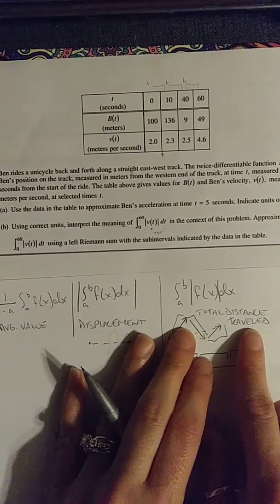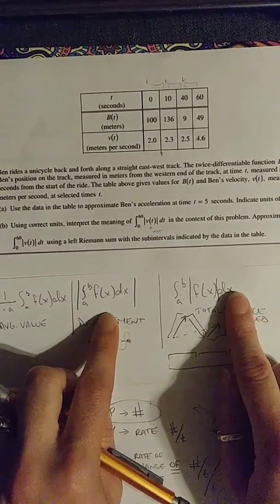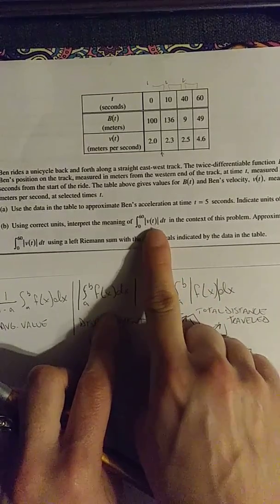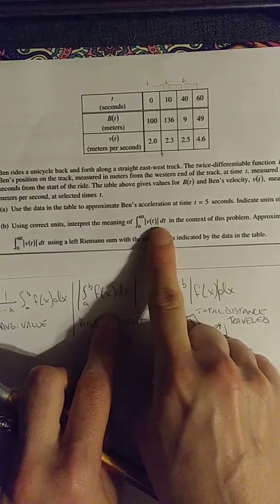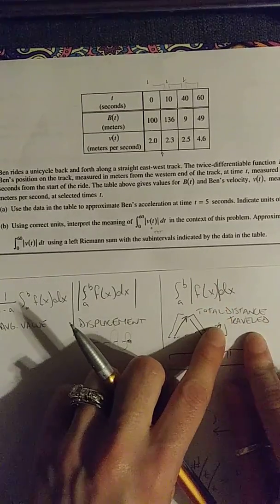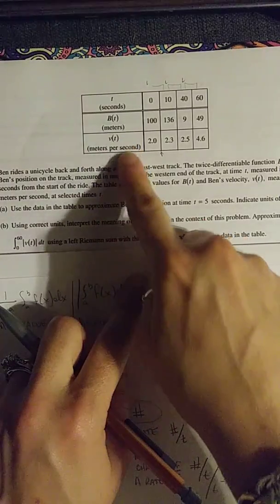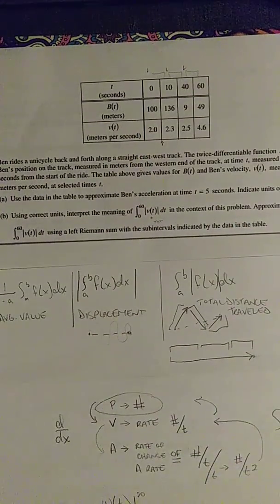And if you notice, this equation here has an absolute value, so it must be one of these 2. And the absolute value is inside the integral. It's inside just around v of t, so it's not this one. It is total distance traveled. Or in this case, total meters per second. So yeah, we're looking at total distance traveled here, okay?